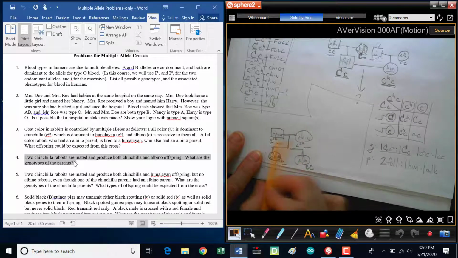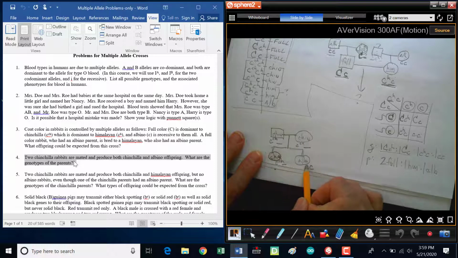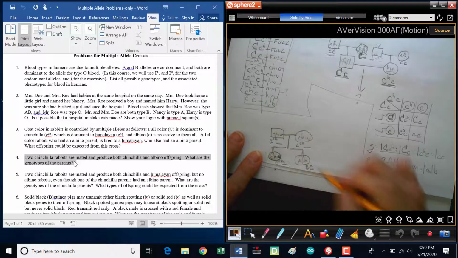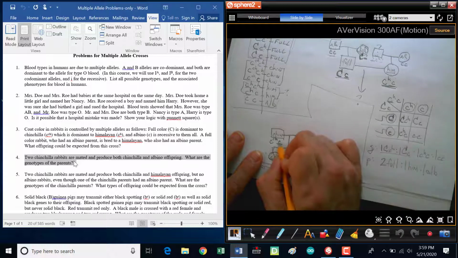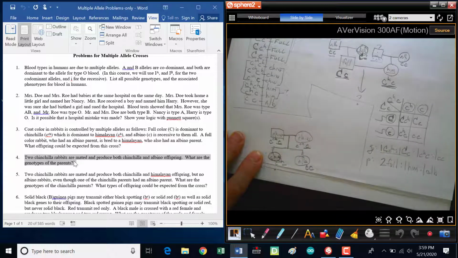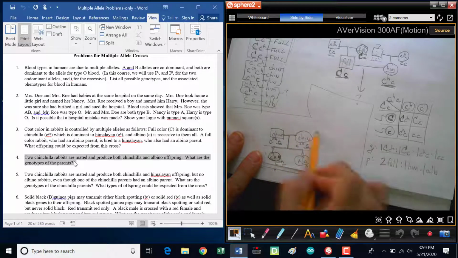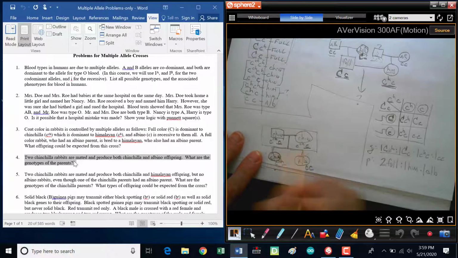Now, let's figure out what their genotypes are. This offspring doesn't tell us much, but this offspring tells us everything we need to know. Because one of these little c's came from one parent, and the other little c came from the other parent. So both parents are hybrid, carrying the albino gene. Because to be able to produce an albino offspring, both of them have to give a little c to that baby.